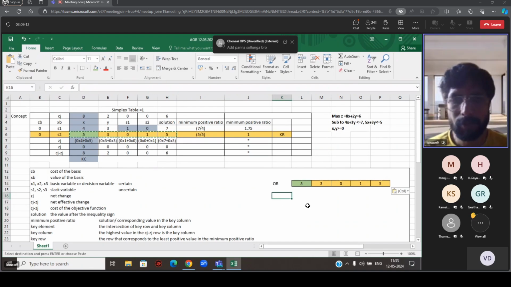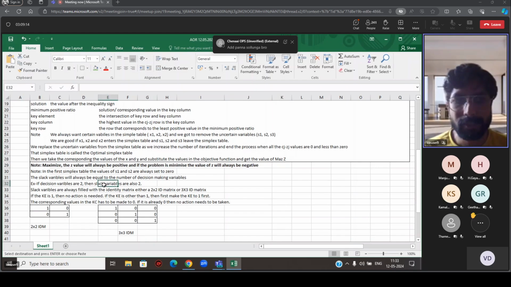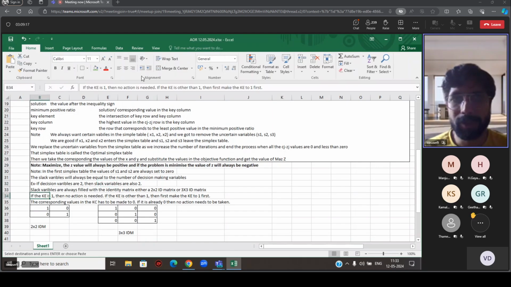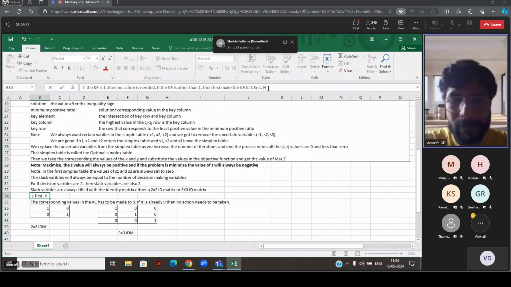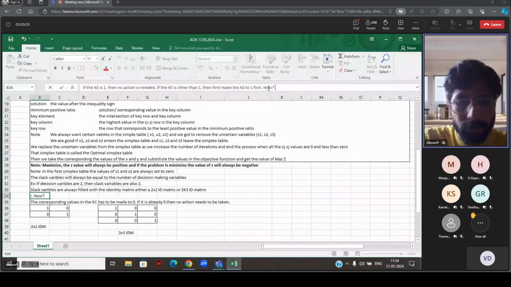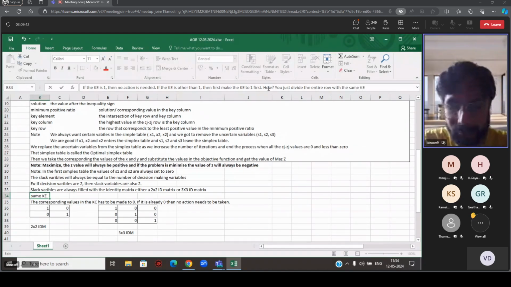Then how do you make this key element 1? If the key element is other than 1, make it 1 first. How is it done? Very simple. You just divide the entire row by the same key element.